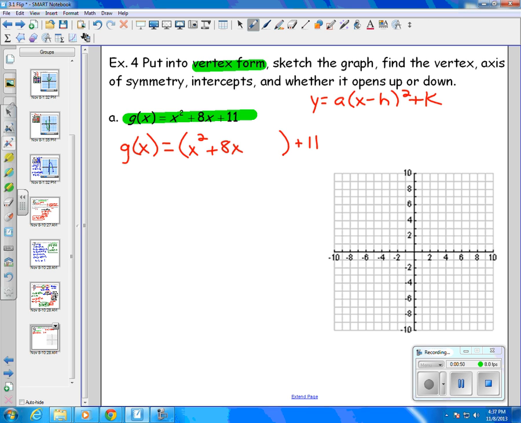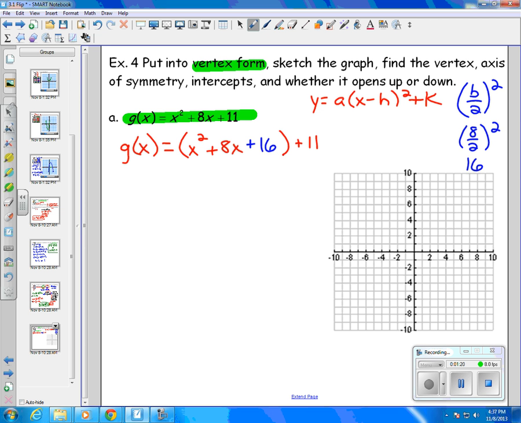What we will have to do is utilize what we talked about earlier with completing the square back in chapter 1, where we do b over 2 squared. In this case, our value of b is 8. So we're going to do 8 divided by 2 and square that, and that will become 16. So to complete the square, we'll add 16 here.